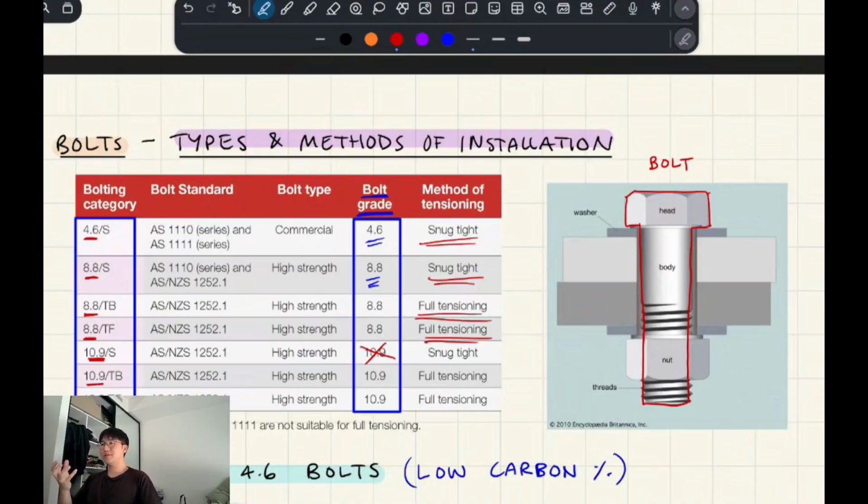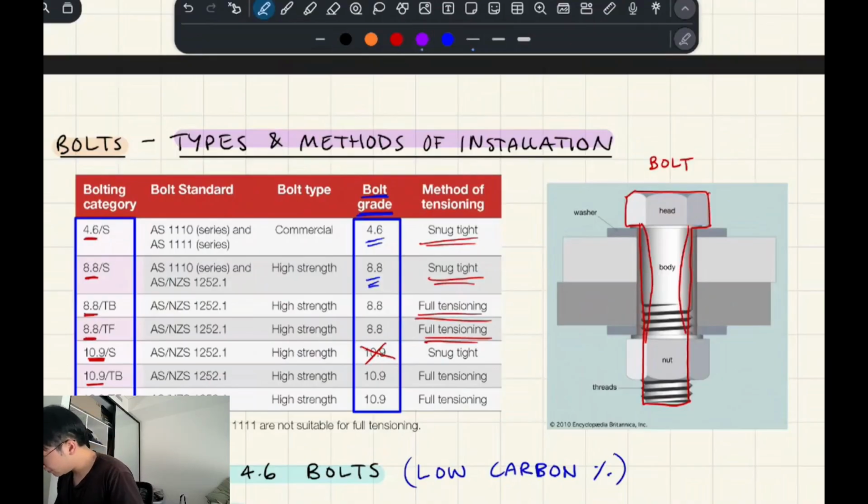Fully tensioned is basically you need some kind of machine that you put on, and it twists the nut enough to basically yield the bolt.